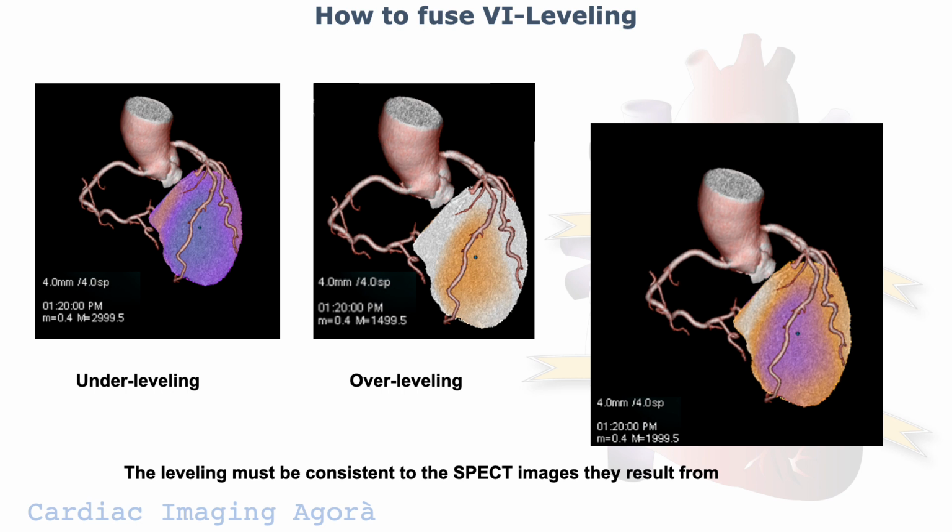This might be an issue with your hybrid fusion software, but you can always adjust it and manually type in the numbers that make sense. There's no automatic procedure to account for that, but it's a rather easy step. And looking at the polar plots, you can adjust the leveling so that it makes sense.